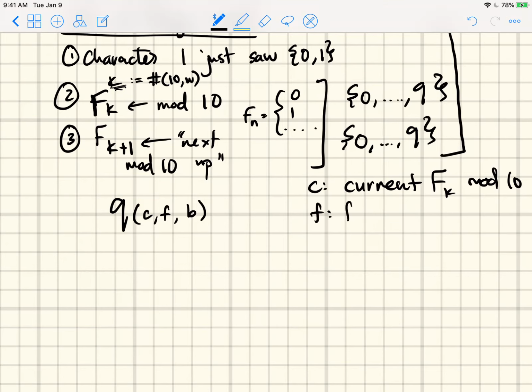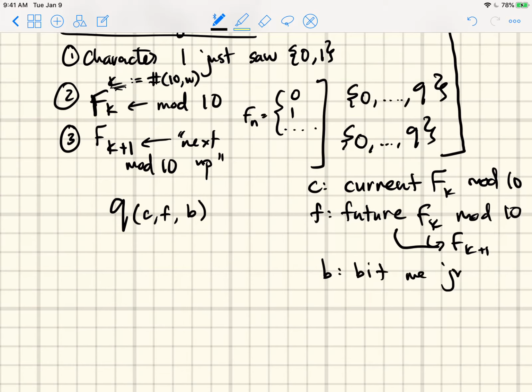F is the future, meaning just the next one, future f_k mod 10, where this is just f_{k+1}, right? And then B is the bit we just saw, right?